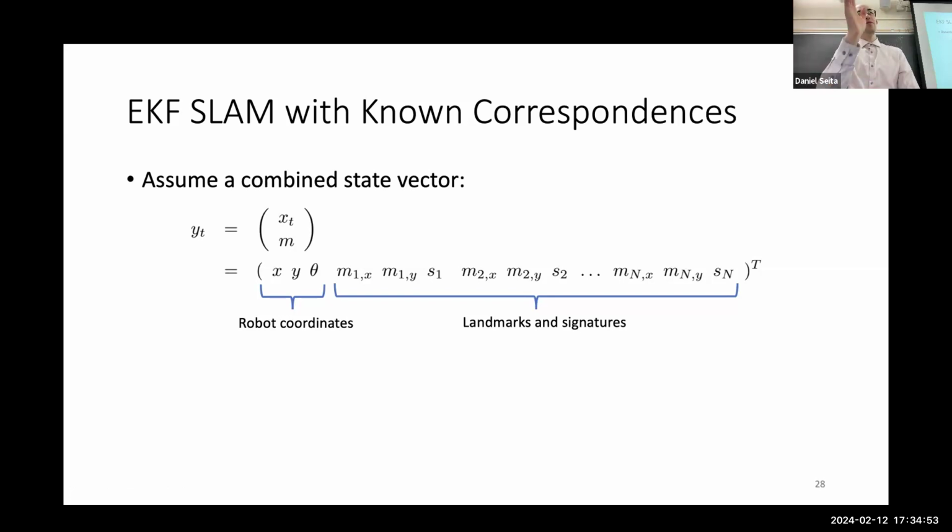Imagine the landmark gives you a single color signal, and different landmarks give you different color signals. This is just the book's shorthand for some numerical value that identifies this landmark, in addition to its position.